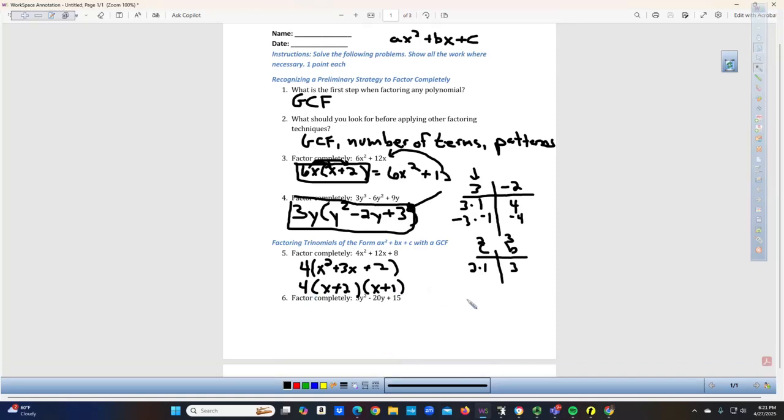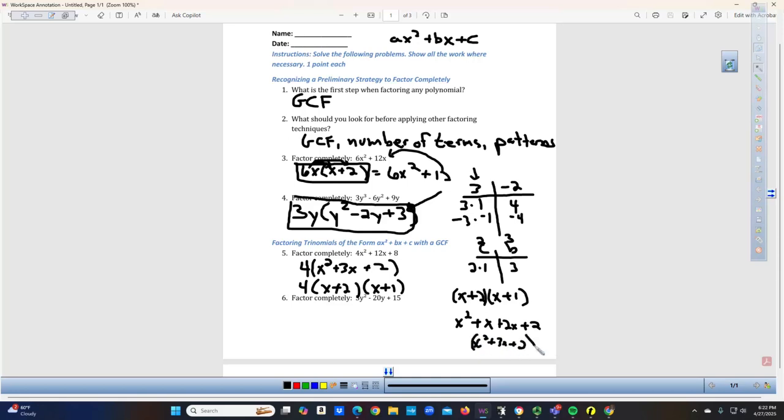So if I foiled this back together, if I just said x plus 2, x plus 1, I foiled that, I'm going to get x squared plus x plus 2x plus 2. Combine my like terms, x squared plus 3x plus 2.